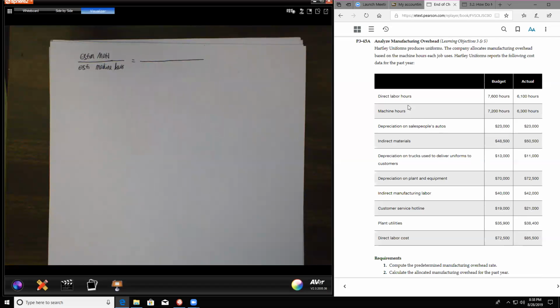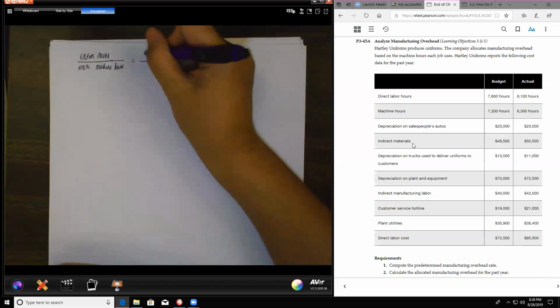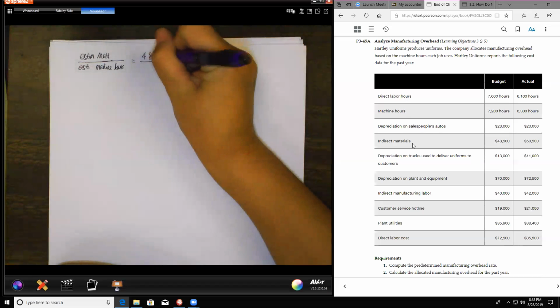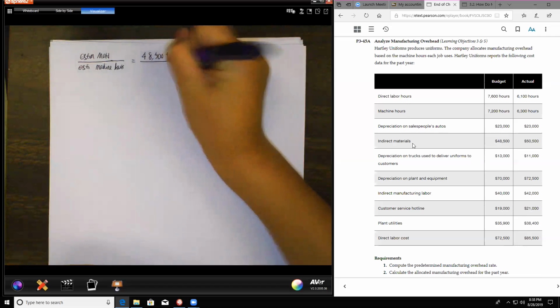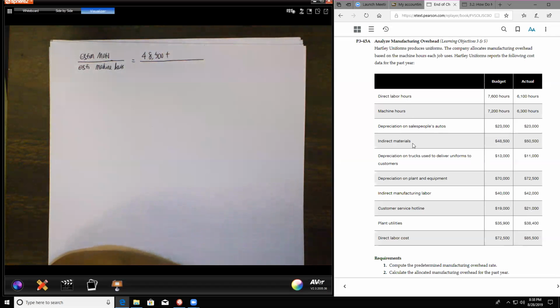Direct labor, no. Machine hour, no. Depreciation on sales, no. Sales, no. This is period. Indirect material, right? So that is indirect 48,500 plus depreciation on truck delivering, no. This is your delivery, this is distribution, period cost, no. Plant and equipment, yes.